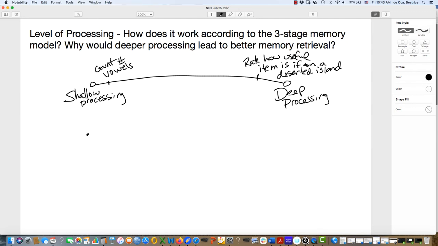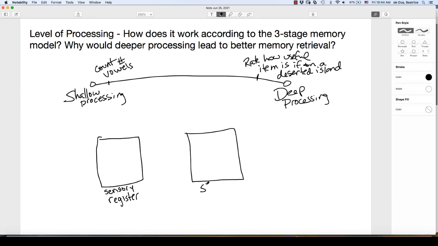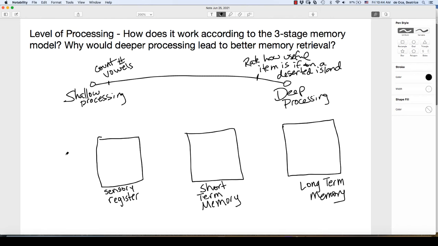So remember, with our three-stage memory model, the three stages are the sensory register, short-term memory, which is where working memory happens, and then our storage area for all of our knowledge, long-term memory. And we start over here on the left.